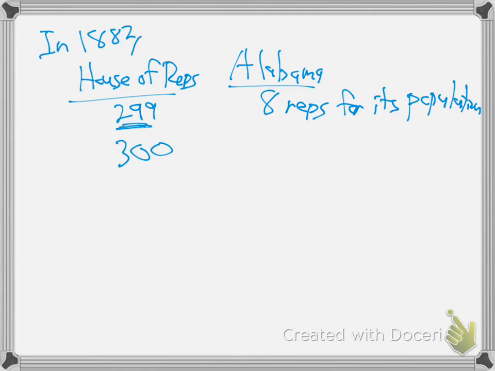So that means, and then they did the recalculation. So they'd already calculated for 299, however many states were in the Union at that time, and all the states got their different amounts, and Alabama got 8 under the 299 calculation. Then they said, hey, let's just throw one more on there, make it 300, and we'll redo the calculation. They were going to use Hamilton's method, what we just did.